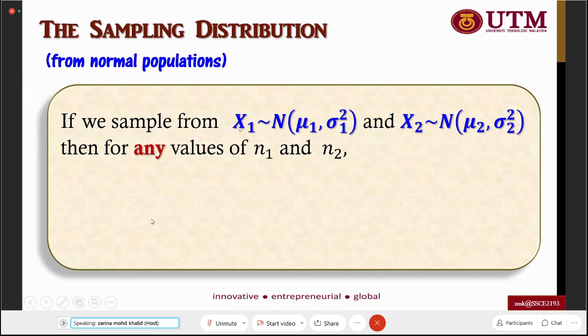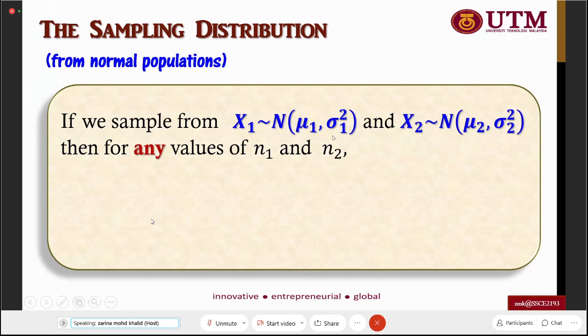So now, suppose you have two populations, X1 and X2, where both populations are normal. When they are normal, then it should click in your mind that the parameters characterizing these normal random variables will be the mean. So for population 1, you have mu1. Population 2, you have mu2.